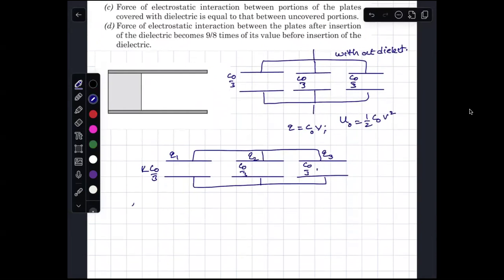For a parallel combination, Q equals CV, V is constant, so Q1 is to Q2 is to Q3 is C1 is to C2 is to C3. Therefore, K C naught by 3 is to C naught by 3 is to C naught by 3, so Q1 is to Q2 is to Q3 is nothing but K is to 1 is to 1.